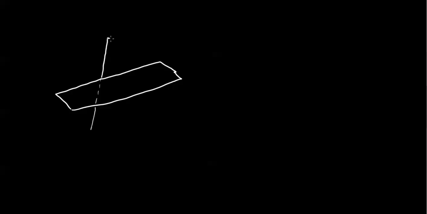Now we're going to look at another postulate. If 2 distinct planes intersect, they intersect in exactly one line. So here we have plane RST and plane WST. Here you can see that one plane is lying flat and the other plane is lying perpendicular to the first plane.